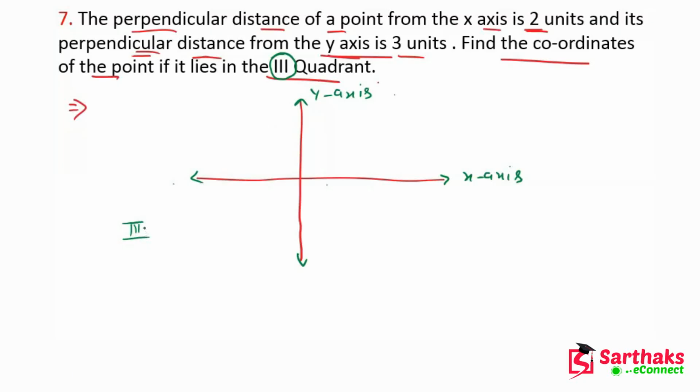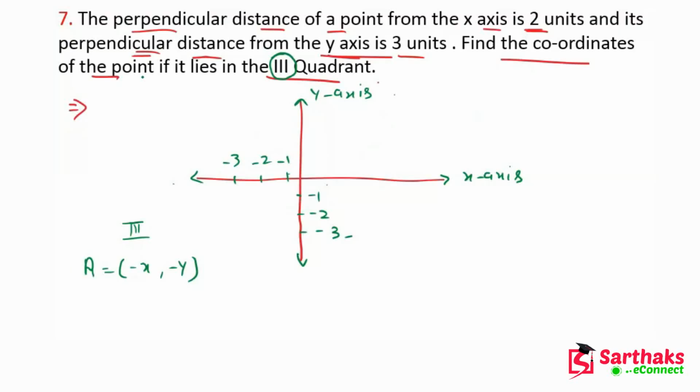In this third quadrant, let's suppose a point having the coordinates (-x, -y). Now this is -1, -2, -3, and here also -1, -2, -3. It is saying that the perpendicular distance between the point A and the x-axis is 2 units.